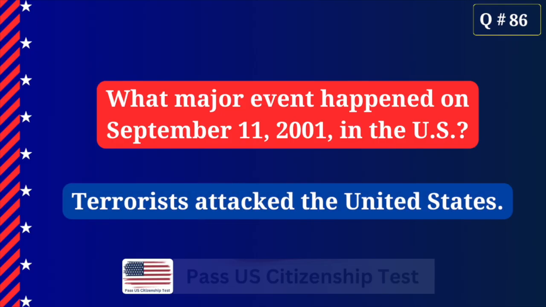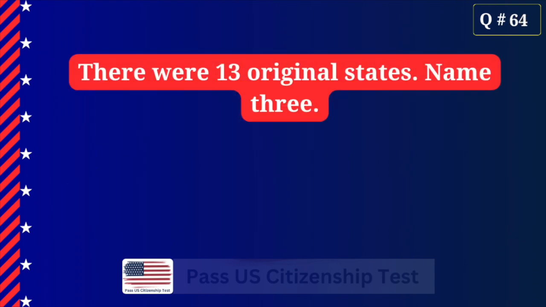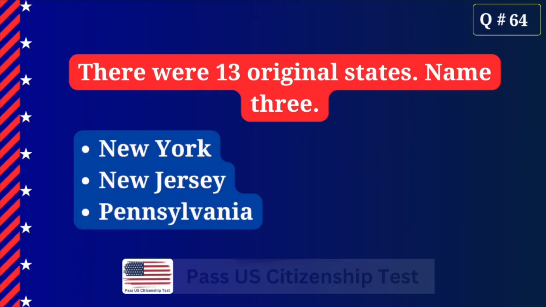Terrorists attacked the United States. There were 13 original states. Name 3. New York, New Jersey, and Pennsylvania.